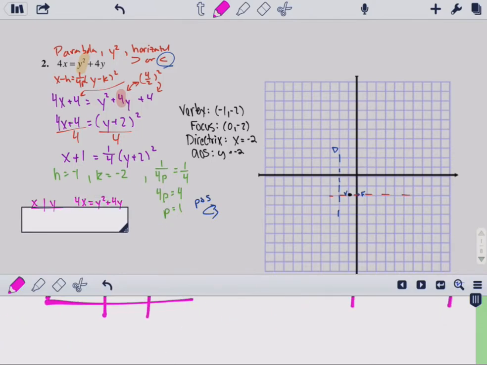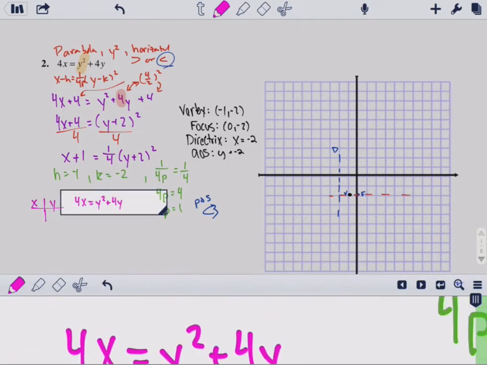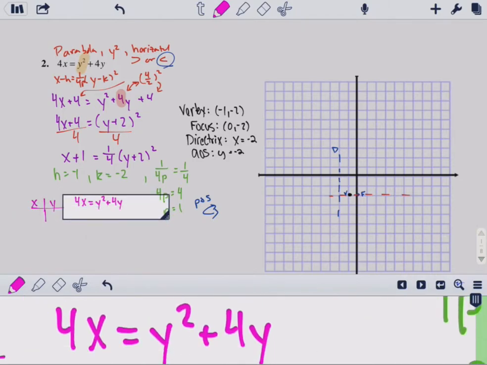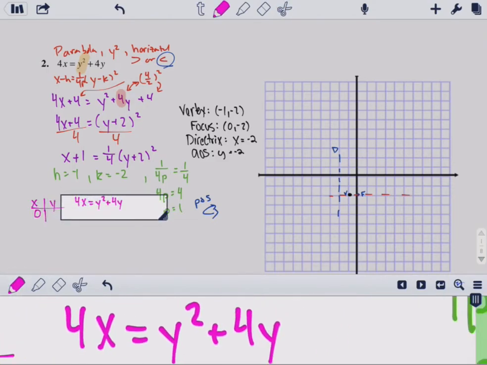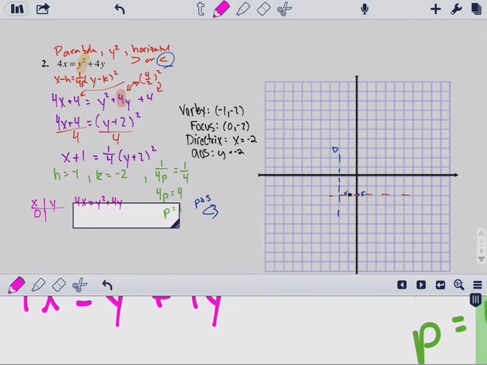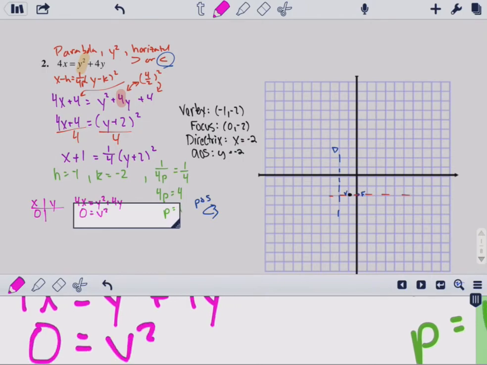Okay, so we're looking for good values to plug in. Okay, you can plug in for y or plug in for x, it does not matter. I think it will be easier if that whole expression is equal to 0. So to make that expression equal to 0, I need to let x be equal to 0. Okay, so I do that. That gives me 0 is equal to y squared plus 4y.